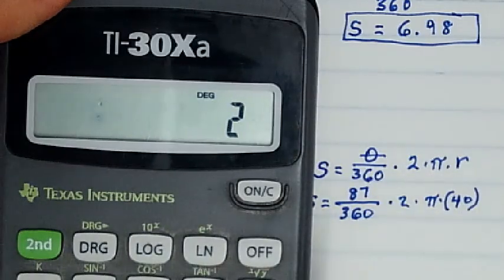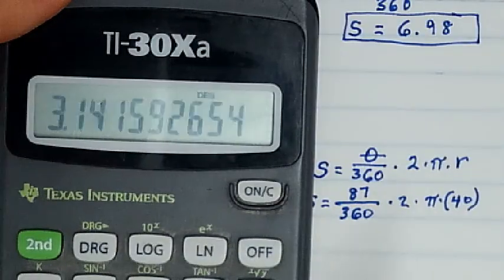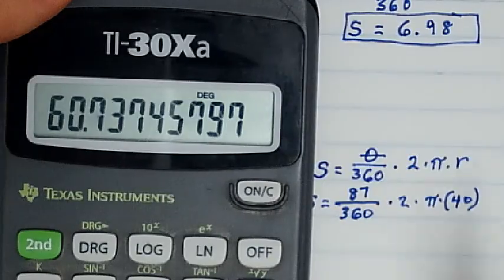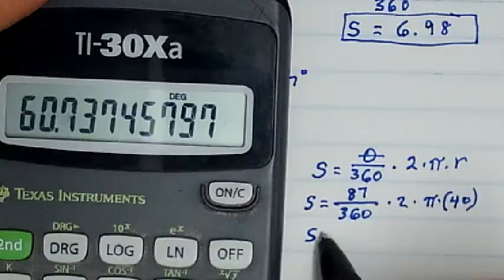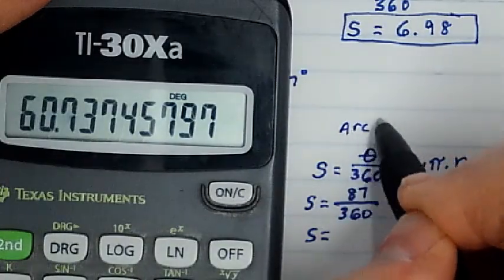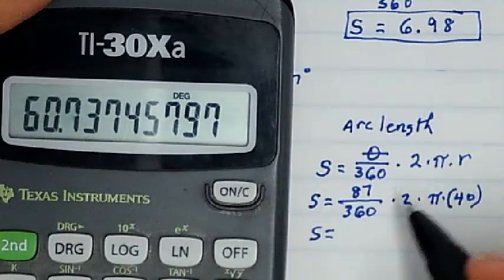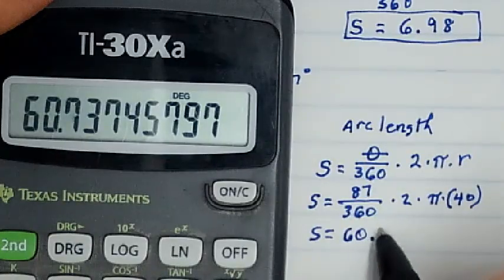Then we're going to multiply it again times 40. Press equals, and we get the arc length. This is the arc length. And we find the arc length to be 60.7. End of story, and that was number 1.